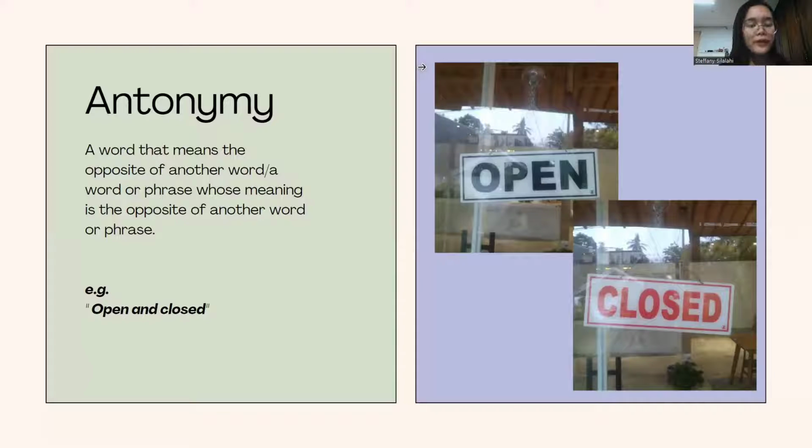The first is gradable, or opposite along a scale, and non-gradable, or direct opposite. Gradable antonyms, such as the pair big and small, can be used in comparative constructions like I'm bigger than you, and a pony is smaller than a horse.